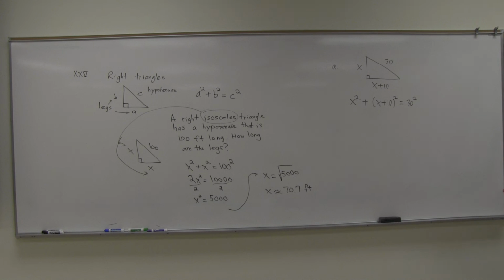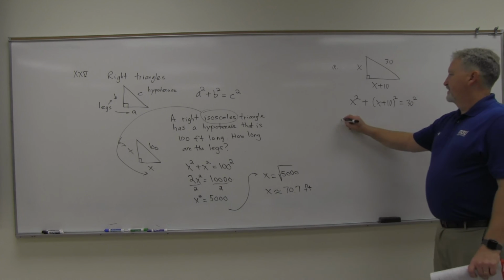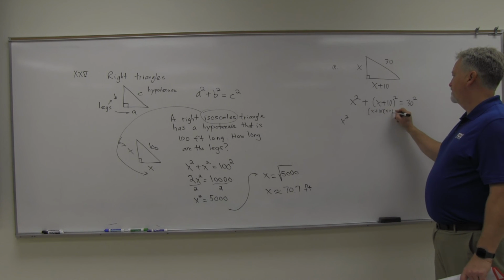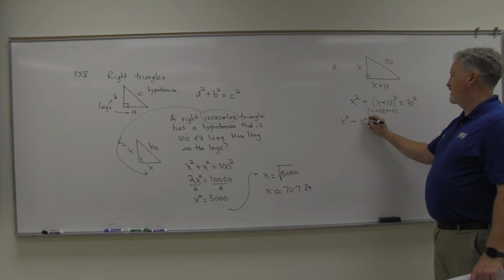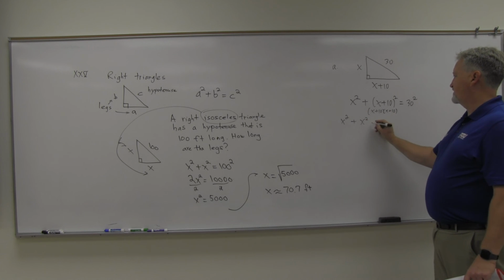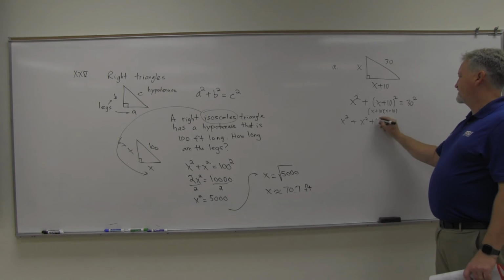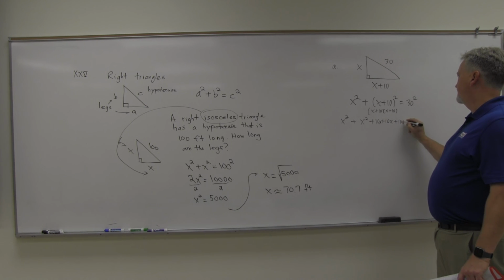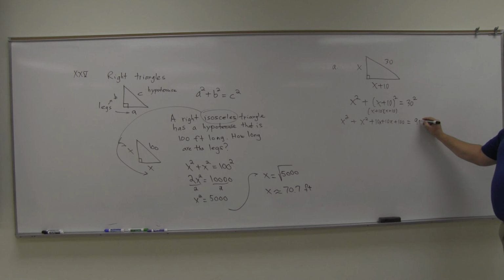We wind up with this equation, which unfortunately is a little more complicated. You actually have to square this out, x plus 10 times x plus 10. So you've got x squared, then x squared plus 10x and 10x plus 100. And 30 squared is 900.